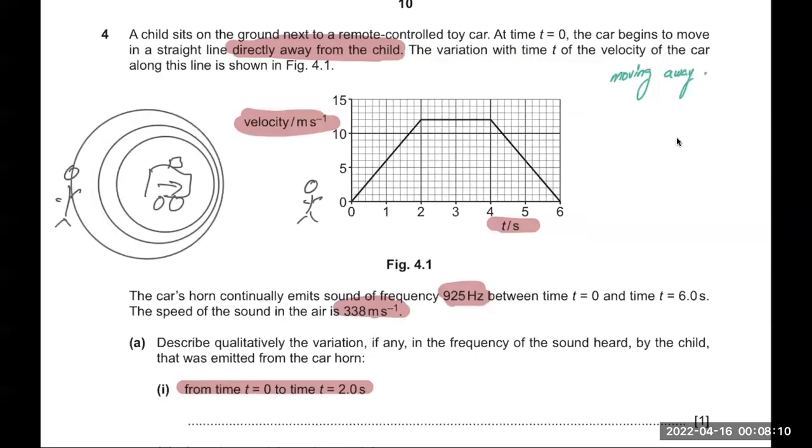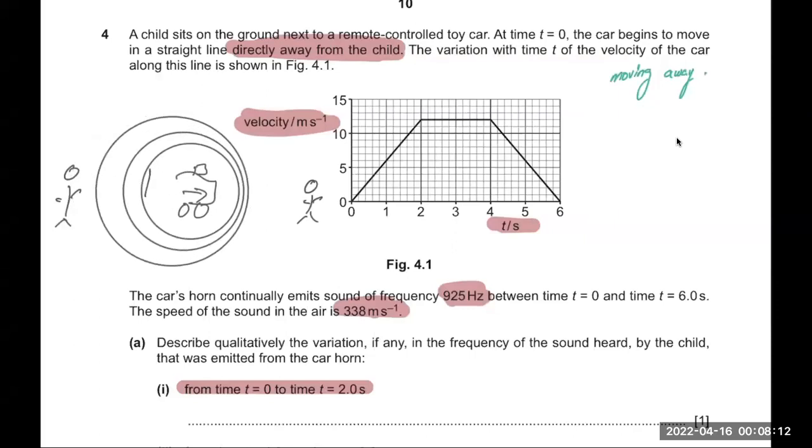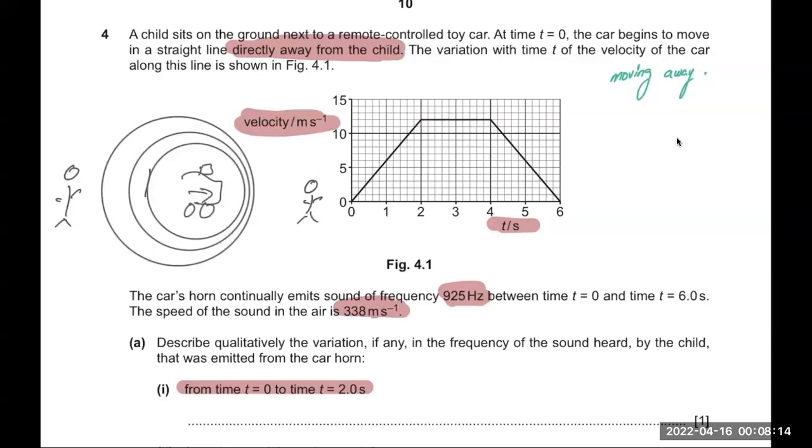We notice that towards the observer, the frequency increases. Moving away from the observer, the frequency decreases. The observed frequency is lesser than the actual frequency.